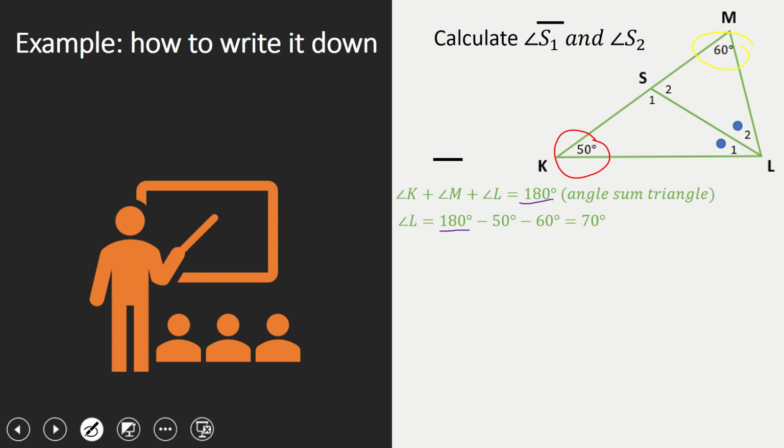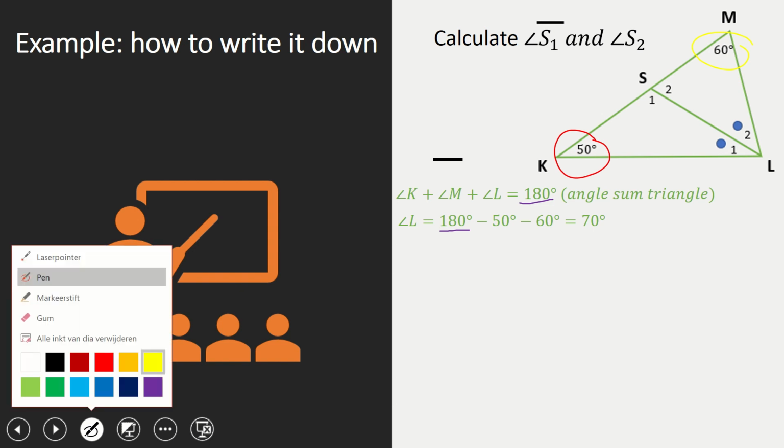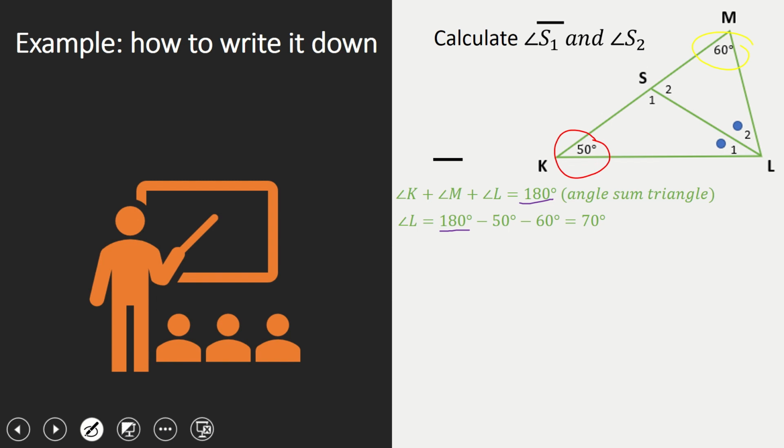And what I always do is write everything that I know inside my sketch. So now I know that angle L is 70 degrees. I also know that angle L1 and angle L2 are the same because of the angle bisector. Remember, in the story, LS was the angle bisector. So if I divide angle L by 2, I will know what angle L1 and L2 are.